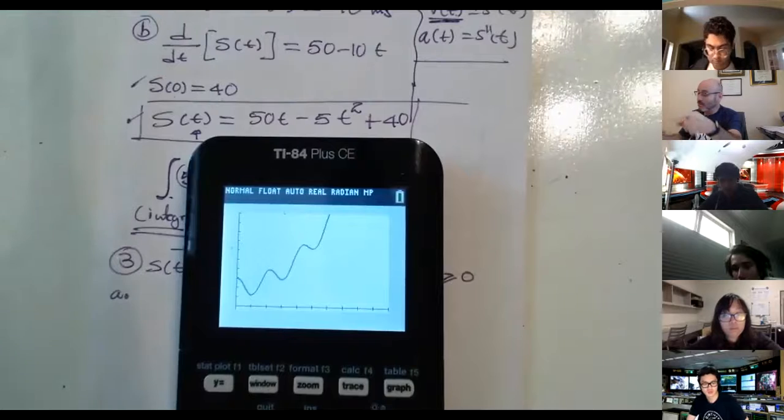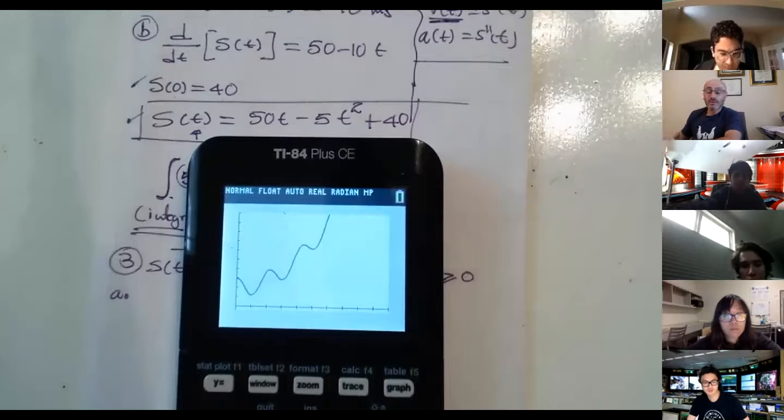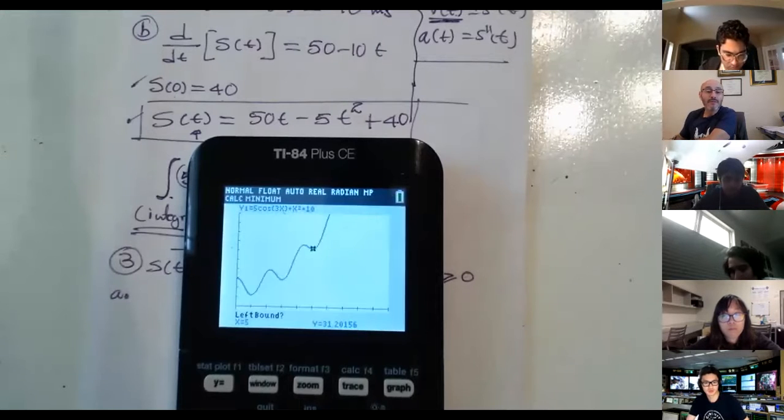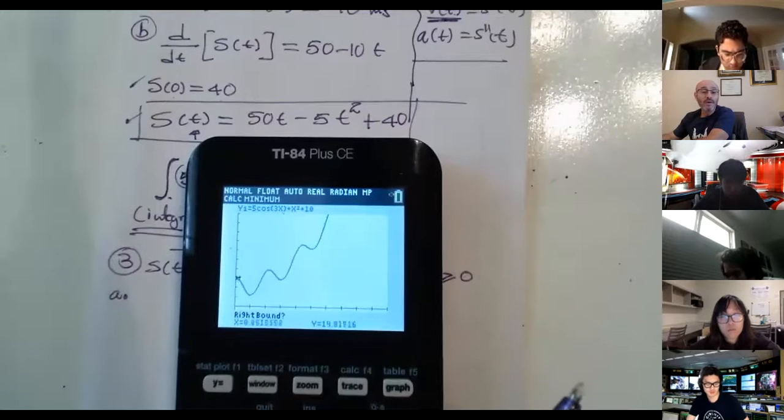So the minimum is this point, right? There are 3. So let's find it. Second, calculate, or second trace, minimum. Well, that minimum value is between 0, right? Because that will be 0, and somewhere to the right of this point.